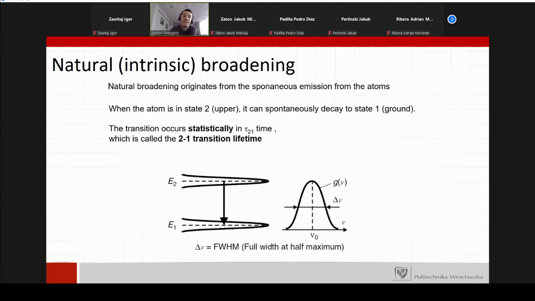And this transition will occur, of course, with some probability. So it will occur statistically in the time tau 2-1, which is called the transition lifetime. So when we talk about transition lifetime, we say that this is the time that is needed for the atom to decay to the ground state after being excited to the state.